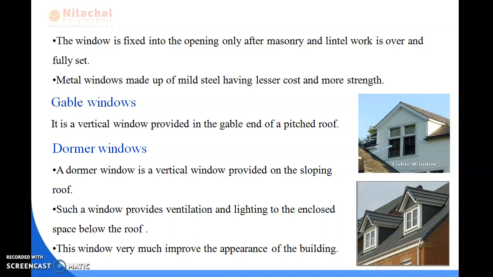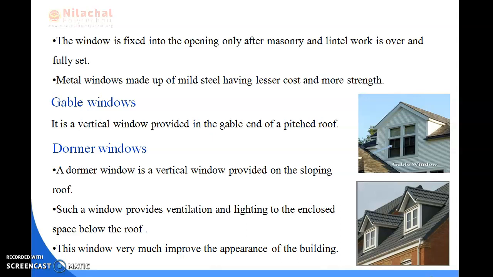Next, we'll read about dormer windows. Here you can see the dormer windows. In the diagram, it is mainly constructed on the slope. A dormer window is a vertical window provided on a sloping roof. Such a window provides ventilation and lighting to the enclosed space below the roof.